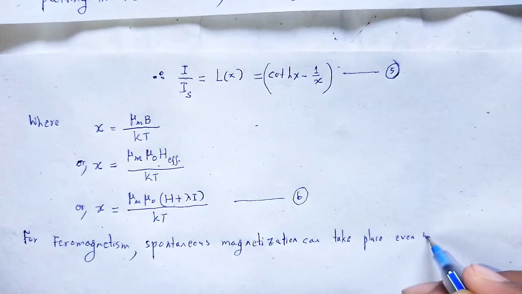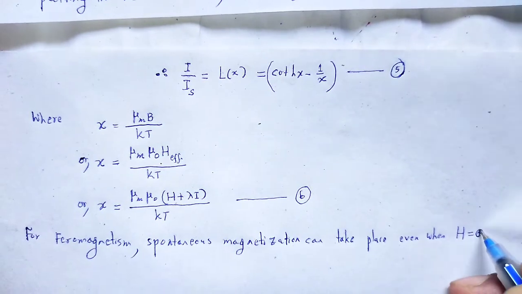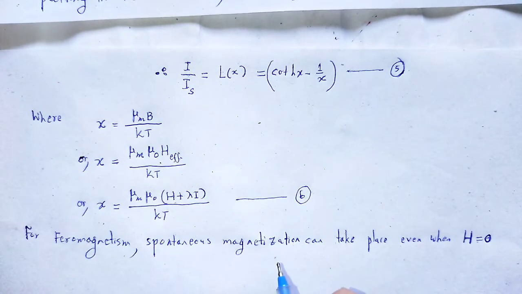Even when H will be 0, spontaneous magnetization takes place in case of ferromagnetism.